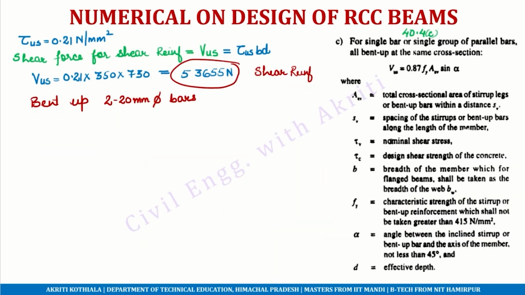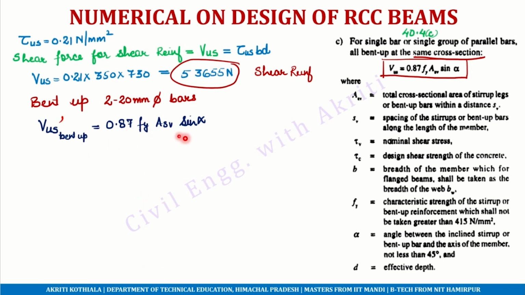But for this case, we are bending up both the bars at the same cross section. So the value of Vus is given by this clause as 0.87 fy Asv sin alpha. This simply means the shear force which will be resisted by the bent up bars. This can be written as Vus dash also.